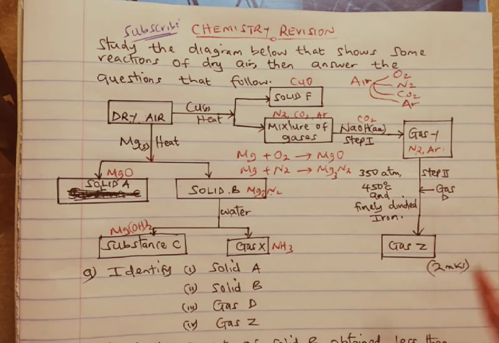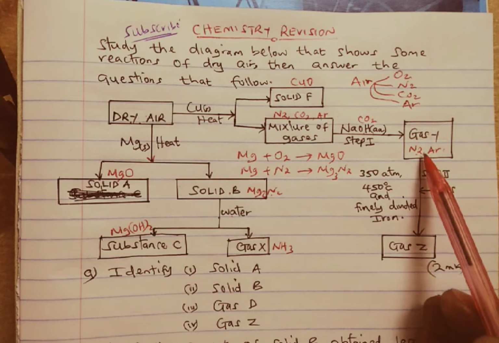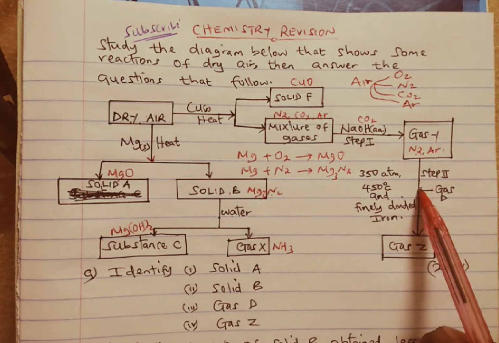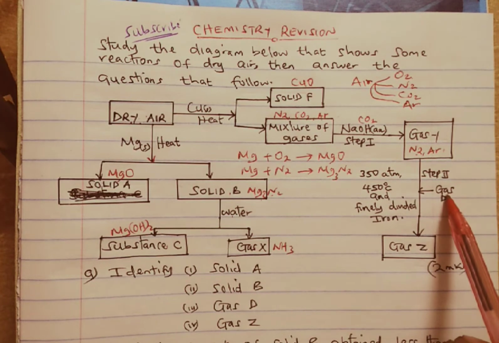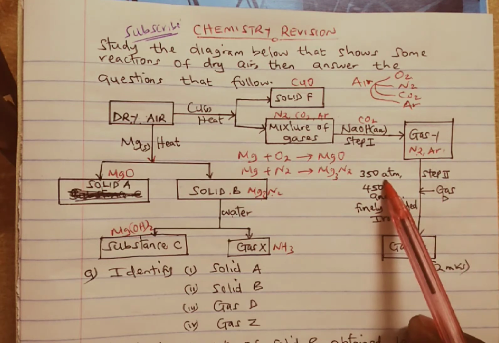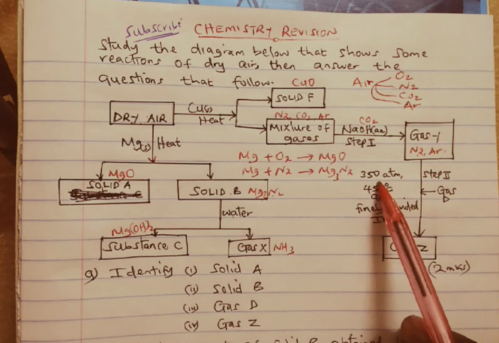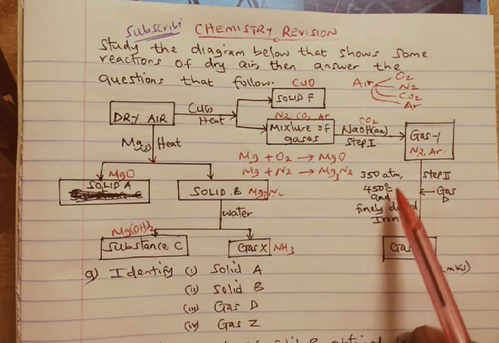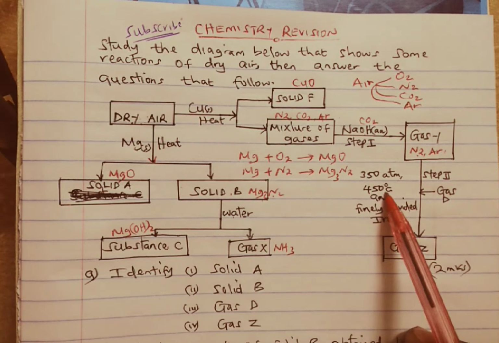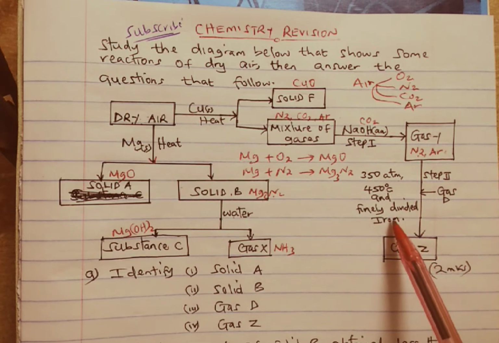Then we have gas Y coming down, where it reacts with gas D under the given conditions, that is 350 atmospheres, 450 degrees Celsius, and finely divided iron.